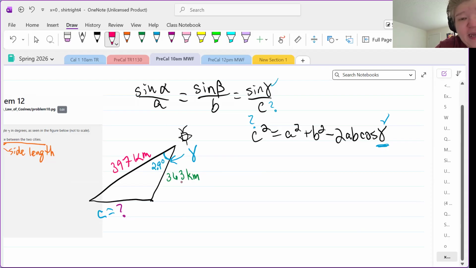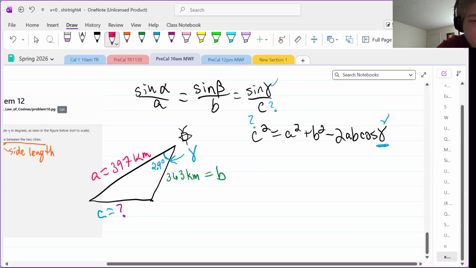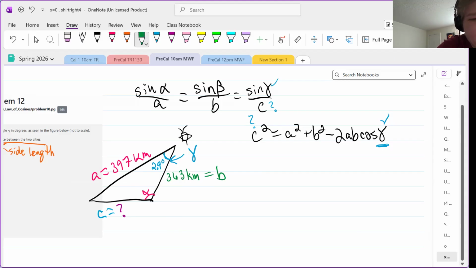So those are A and B. And it doesn't matter which one you call A versus which one you call B. So I usually just go with the left one or the upper one as A, and then the other one is B. That means my angle opposite side A is angle alpha. My angle opposite B is angle beta.